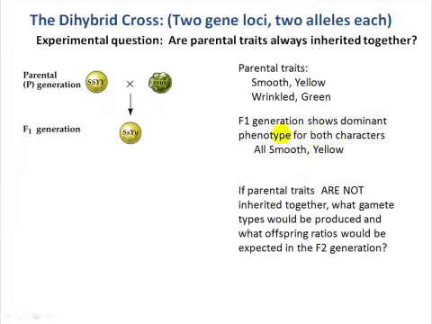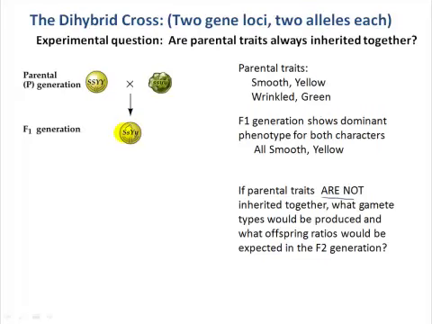But what would we expect if those parental traits are not inherited together? Well, if they're not inherited together, then that means when this organism in the F1 generation produces gametes through meiosis, we're going to have independent assortment of the S gene from the Y gene.